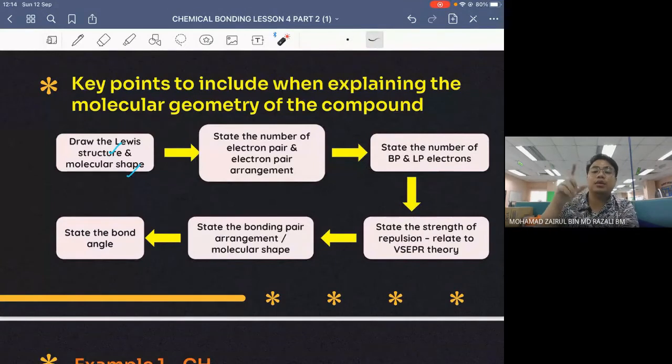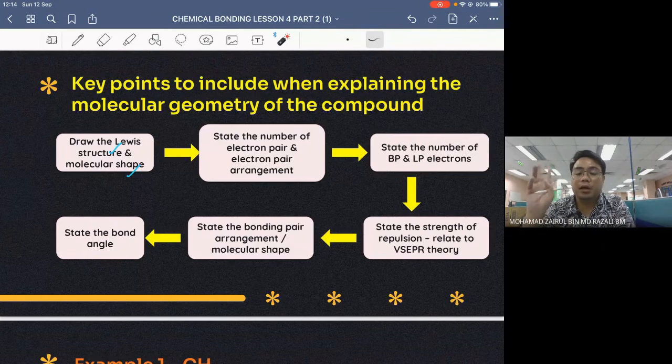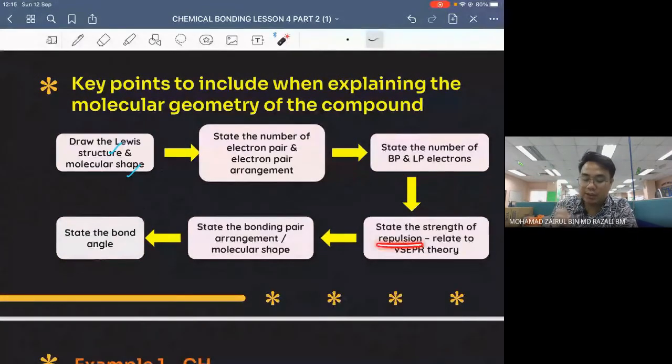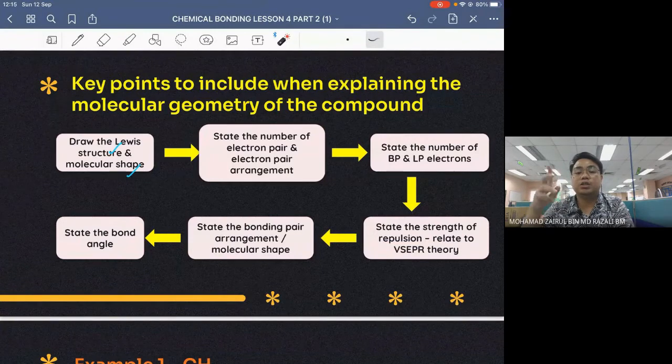Then after you state both the number of electron pairs and the electron pair arrangement, you need to state the number of bonding pairs and also lone pairs, because the number of bonding pairs and lone pairs ni akan menentukan macam mana dia punya molecular shape. And then we need to state the strength of the repulsion. Yang ini yang saya cakap tadi. Lone pair-lone pair repulsion is stronger than lone pair-bonding pair, and lone pair-bonding pair repulsion is stronger than bonding pair repulsion.